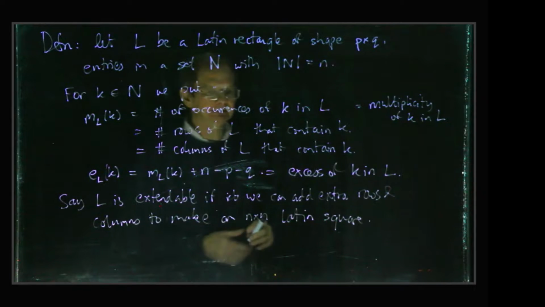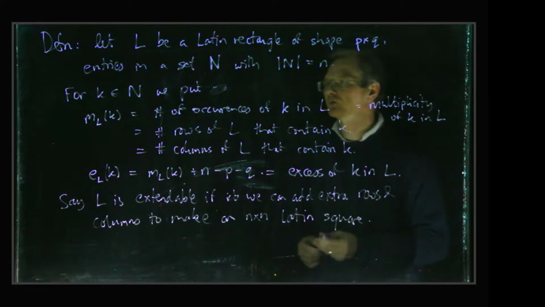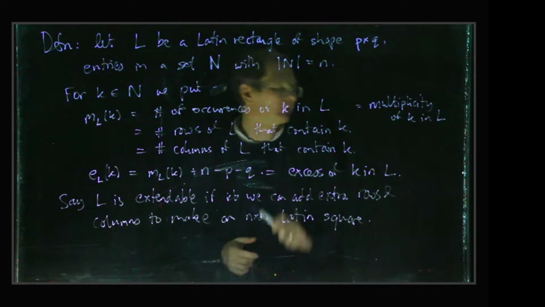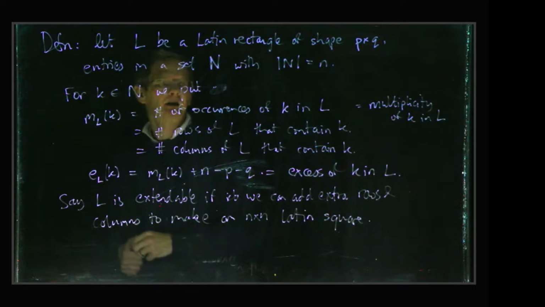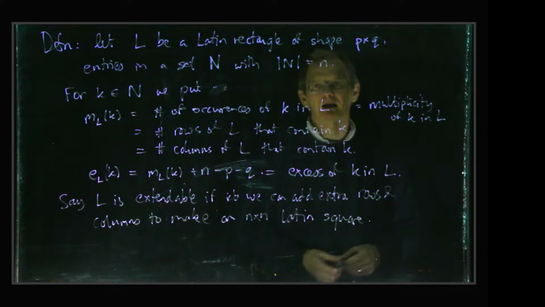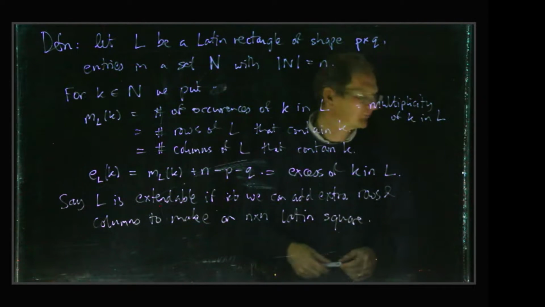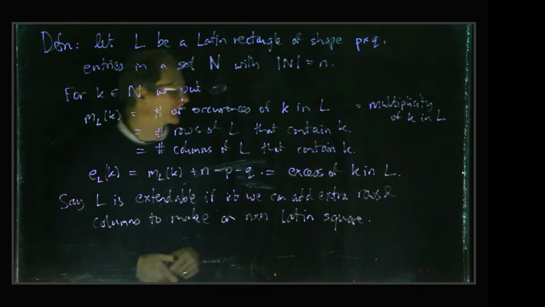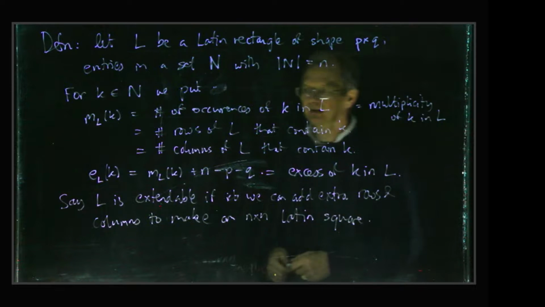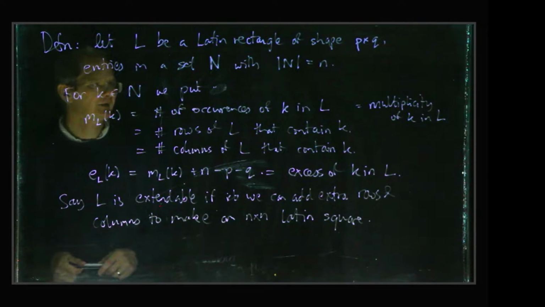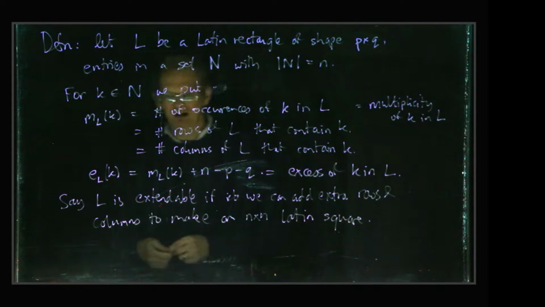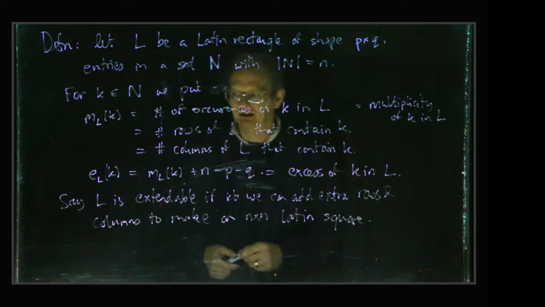In the previous video we proved that if L has maximum possible width, in other words if Q is equal to N, then it's extendable. You can always add extra rows to make it a Latin square, and by a completely symmetrical argument, if P is equal to N, then you can just add extra columns to get a Latin square. But the case we're really interested in is where both P and Q are strictly less than N, so we don't have maximum height or maximum width, and then it's less obvious whether we can do the extension.